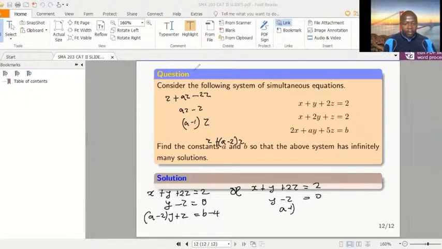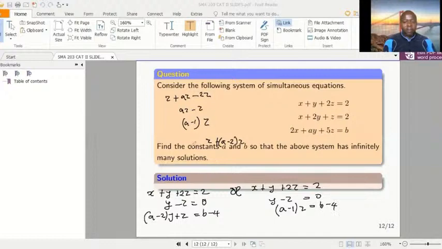Then multiply this by m minus 2 and subtract the result from this, and get b minus 4.